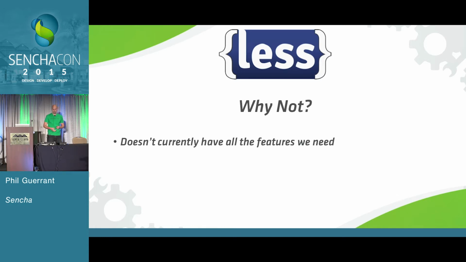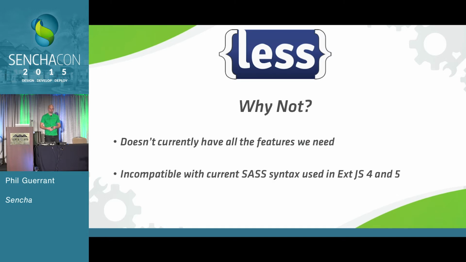And secondly, and perhaps more importantly, Less was incompatible with the current syntax that you guys are familiar with, that you're used to using in your applications today. If we jumped from Sass to Less, you guys would have to rewrite your entire themes and all your code for styling your apps.